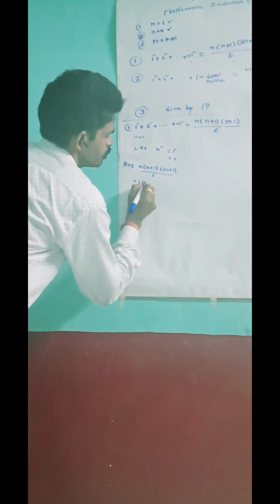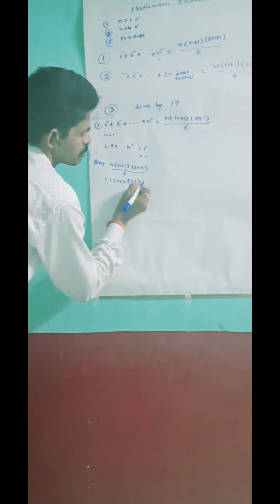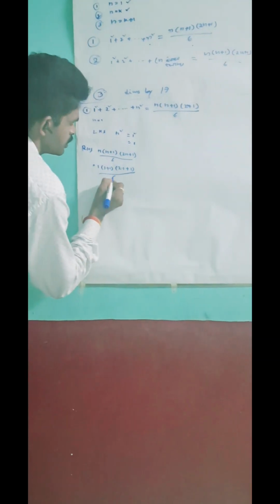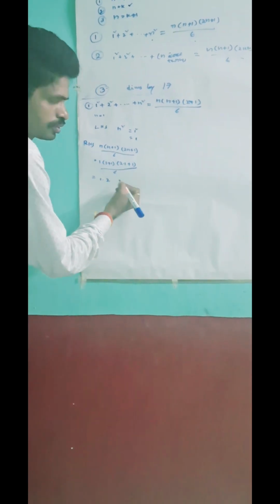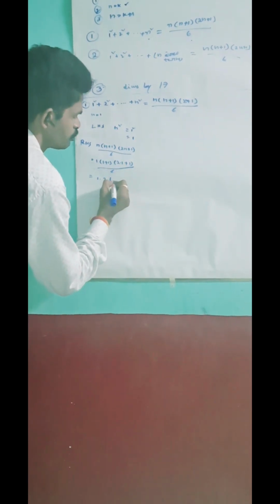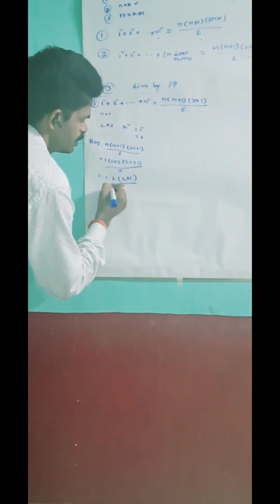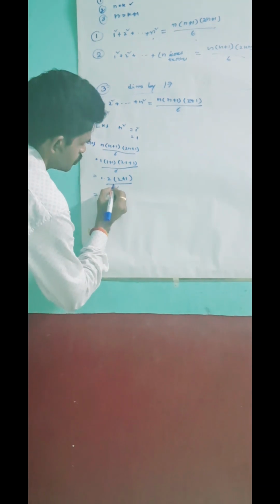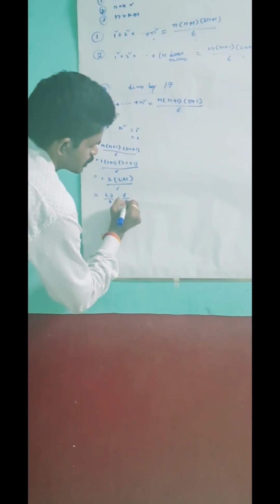So 1 into 1 plus 1 into 2 into 1 plus 1 by 6. So 1 into 2 into 3 by 6, so that is equal to 6 by 6.